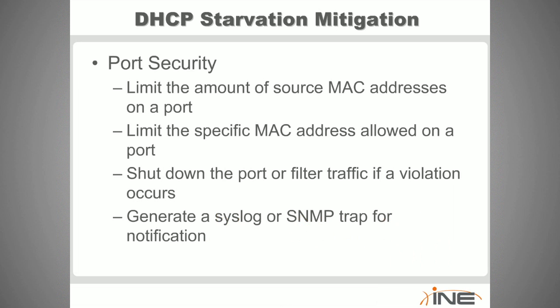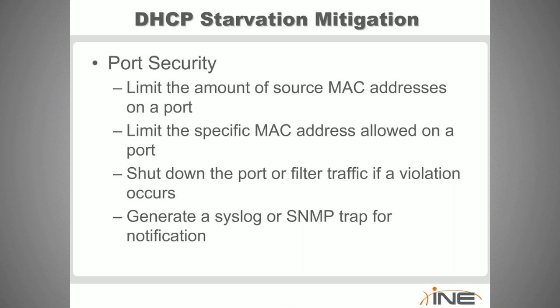So if the attacker has MAC address A, and they send that information up to the server, the server is going to say, you already have a binding, I'm not going to send you a new offer. So what the attacker does is vary the source MAC address inside the layer 2 Ethernet header, because they're not really legitimate allocations anyways. The goal is just to try to deplete the whole DHCP server space.